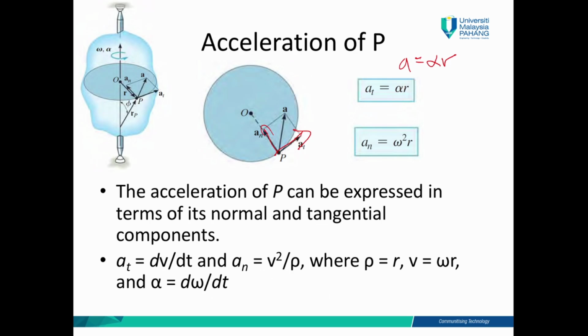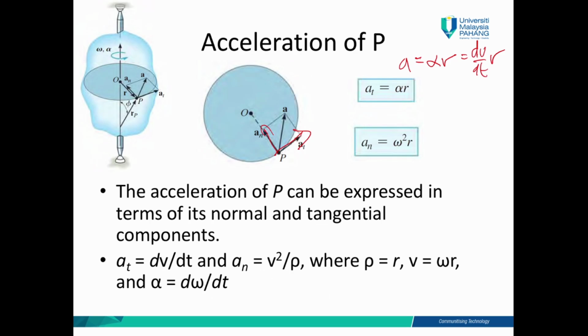So you can just multiply your angular acceleration with r to get your tangential acceleration. To get your normal acceleration, you need to multiply omega to the power of 2 with r.